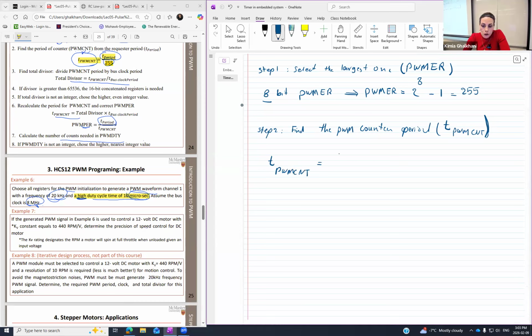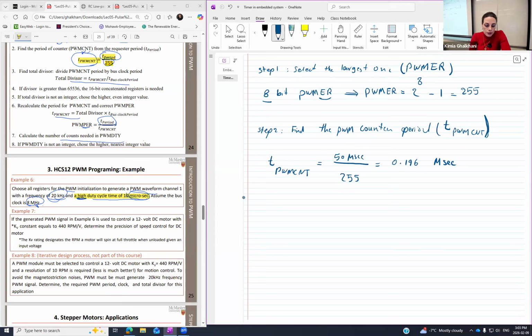Remember, we had it 50 microsecond. And then divided by, we already calculated the ER right in here, 255. I use the exact same number. And then it becomes 0.196 microsecond.